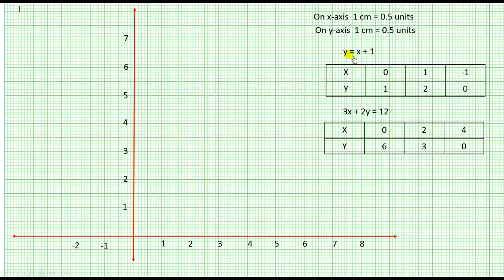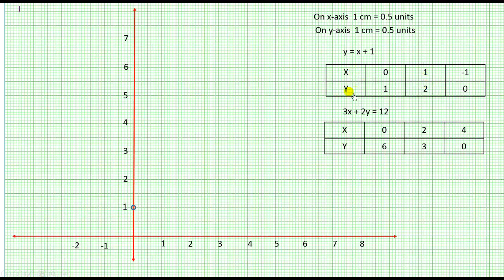Now we first consider the equation y is equal to x plus 1. The first set of coordinates is 0 and 1. So x is 0, y is 1, and the point will be plotted here. Then the second set of coordinates is 1, 2.